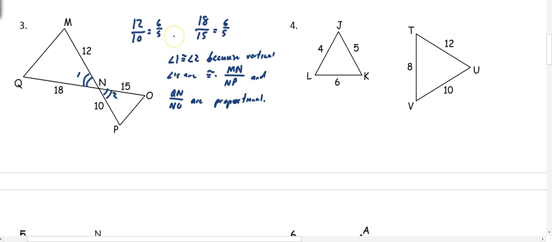We showed that with our math up here, so now we can say that our triangles are similar. So we have triangle MQN is similar to triangle PON by side angle side similarity.